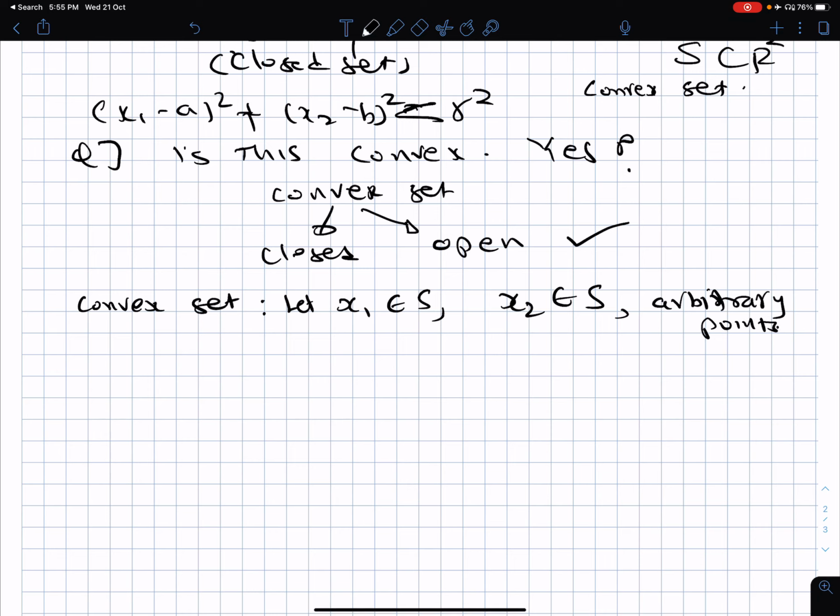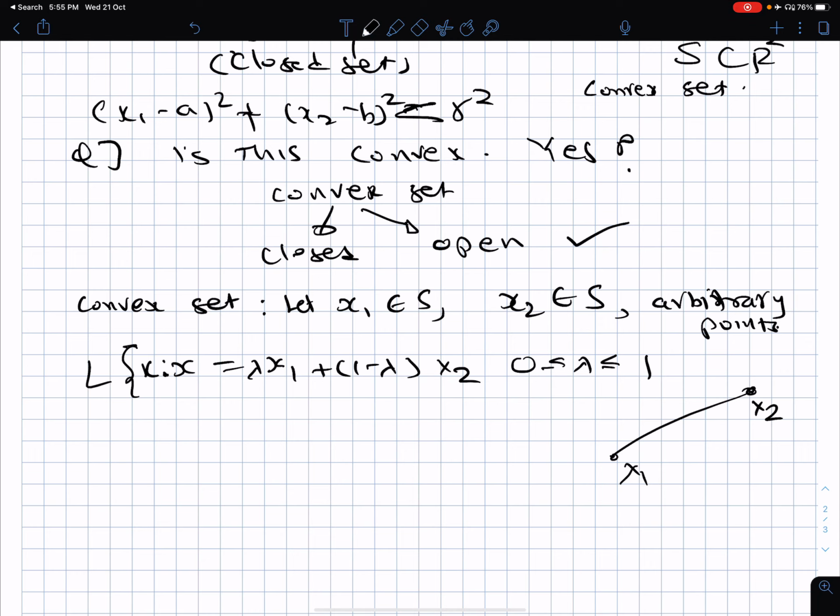Then this line, which I write as lambda times x1 plus 1 minus lambda times x2, is the line segment x1 x2, where lambda is between 0 and 1. Let's call this the set of all x, such that this should be a subset of my set S.